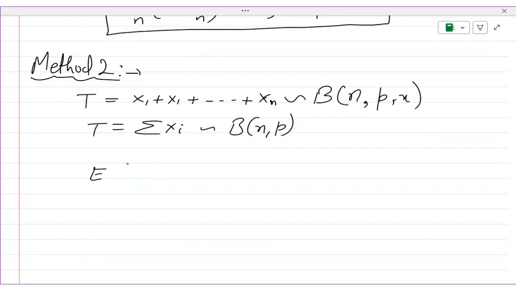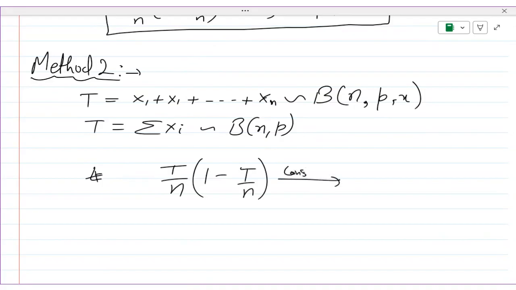Now I have to show what we have to show. We have to show that T upon n into 1 minus T upon n is a consistent estimator of p into 1 minus p.